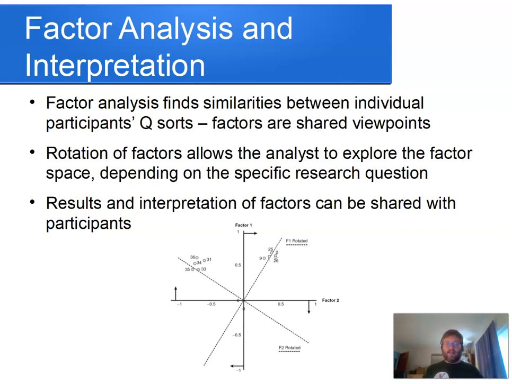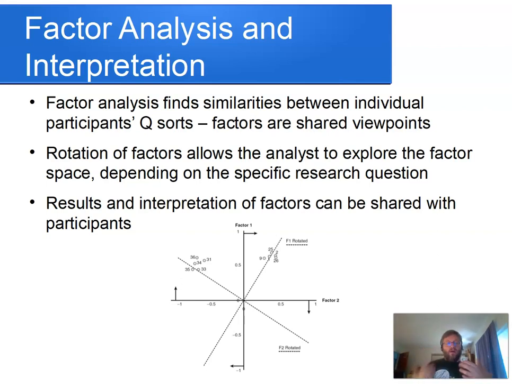And that's going to tell us that, out of our big set of people that we gathered data from, there are a smaller number of essentially clusters of people, groups of people that have a very similar viewpoint, and so we can average them together to create this factor. So we're taking this broad range of things that people are thinking, and we're boiling it down so we can say, well, there's basically 3 different viewpoints on this issue.